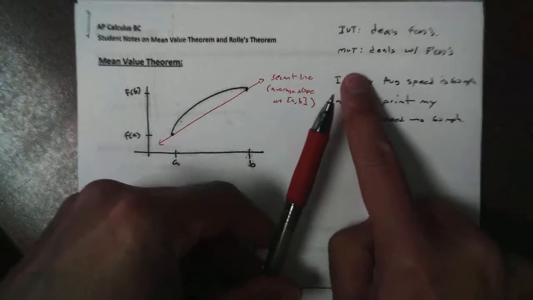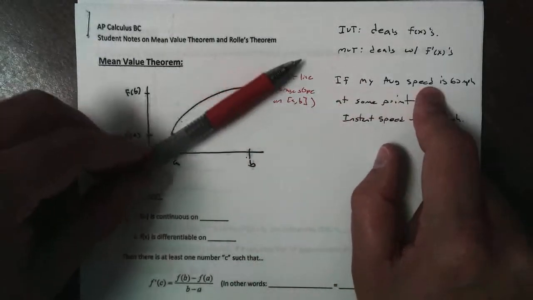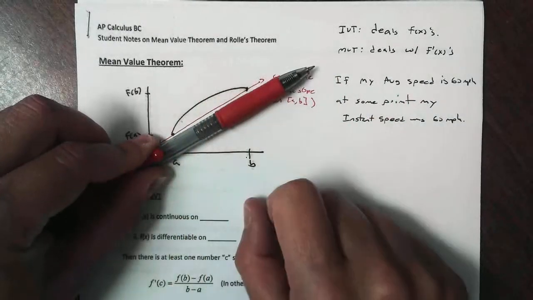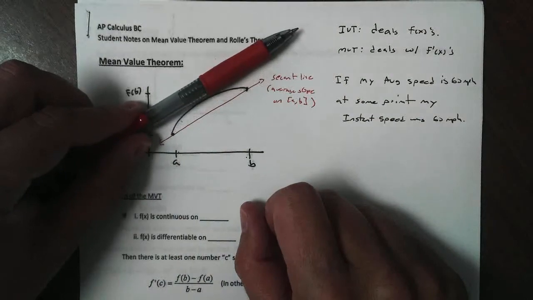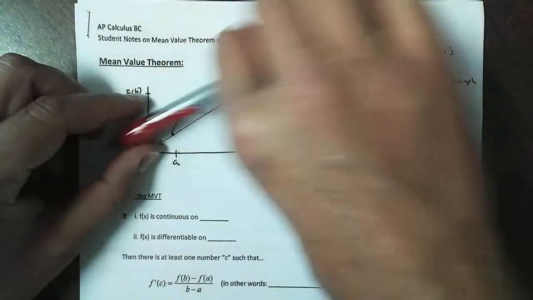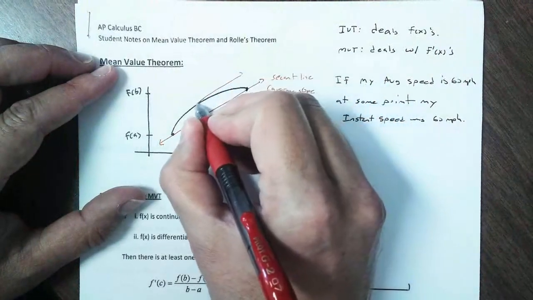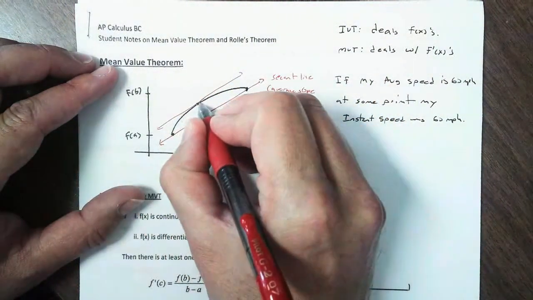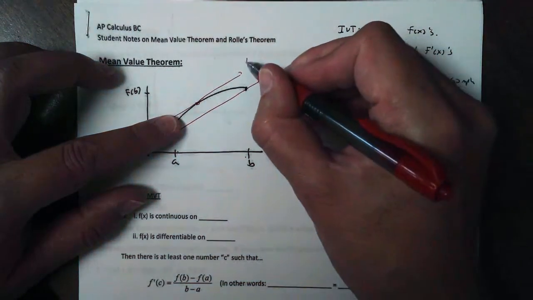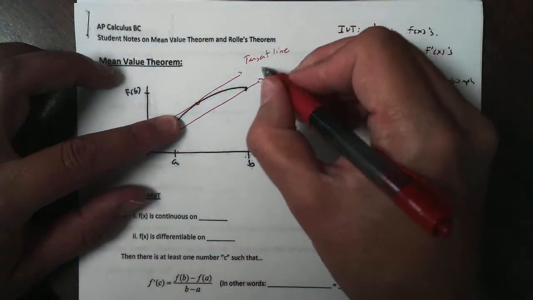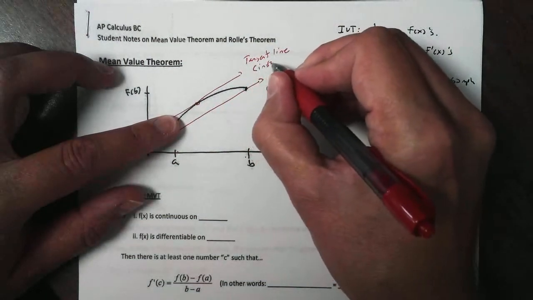What the mean value theorem says is, if my average speed is 60, then there must be a point on the actual graph itself that also has that same speed of 60 miles per hour. And that's right here. Here we have a tangent line. The tangent line gives us our instant speed.